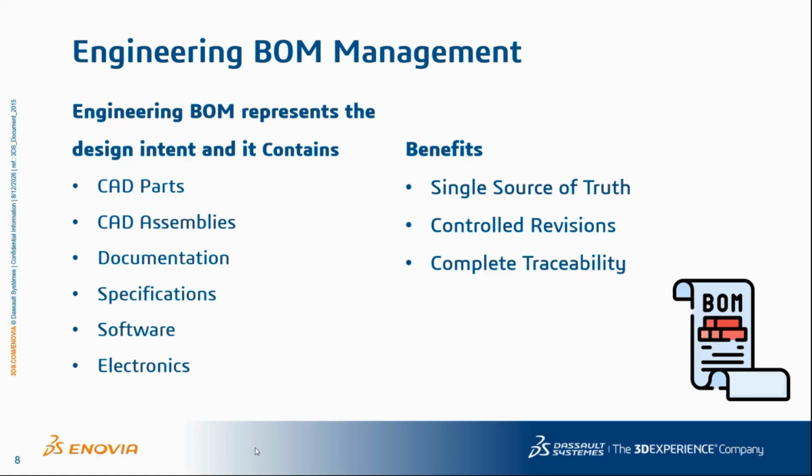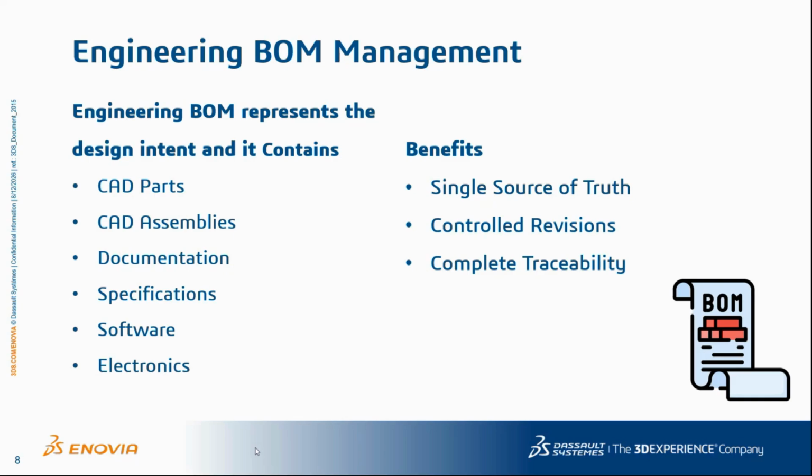So the benefit of devising this EBOM is that you have a single source of truth. All your revisions are completely controlled, and you have a complete path of traceability. You can see who edited it, when it was edited, and what the reason was.